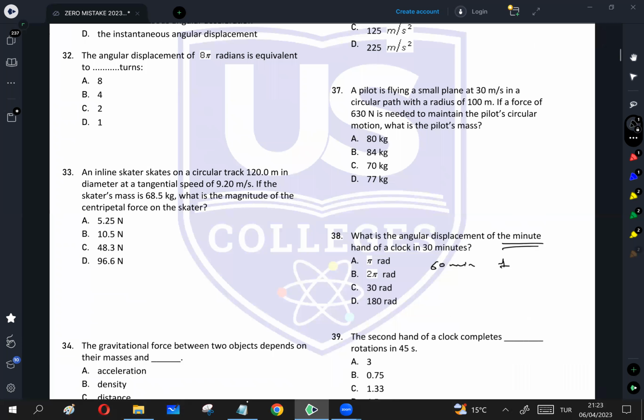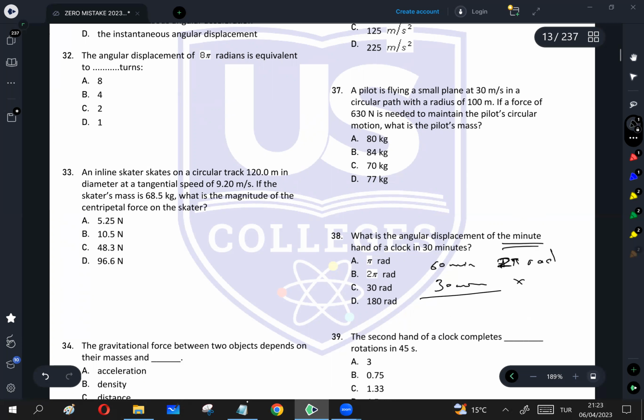One rotation is 2 pi radian. So if 60 minutes is 2 pi radian, 30 minutes is how many radians? It is half. 60 divided by 2 is 30, so 2 pi divided by 2 is pi. Answer is pi radian.